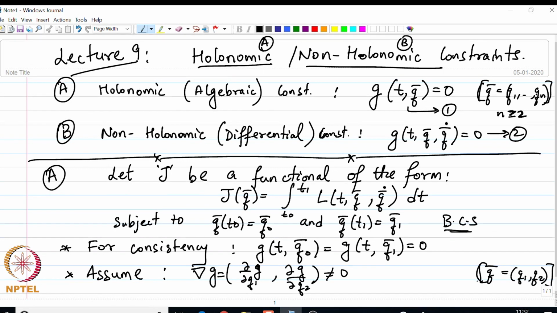These conditions are for extremals q bar in the interval t0 to t1.